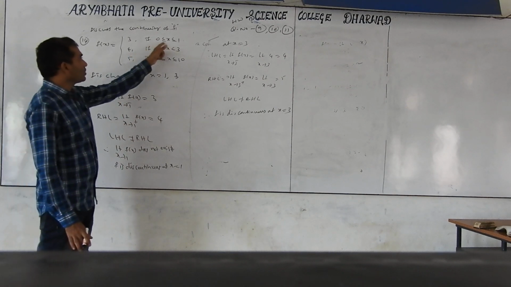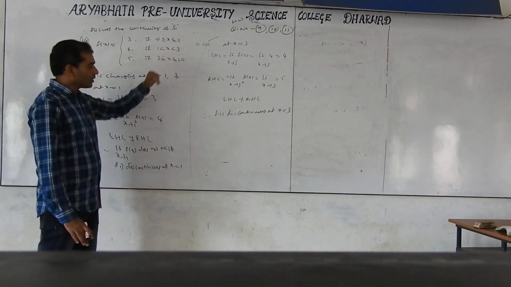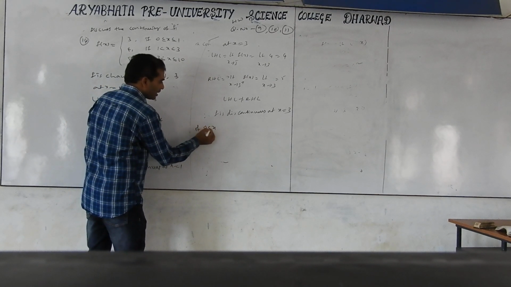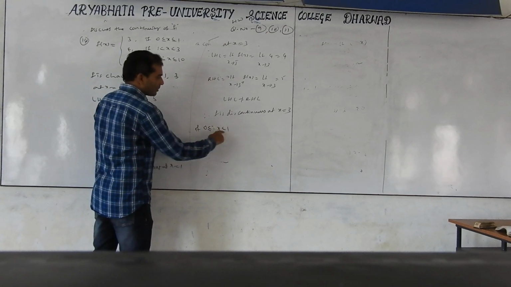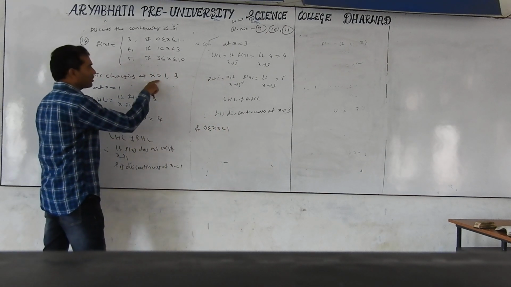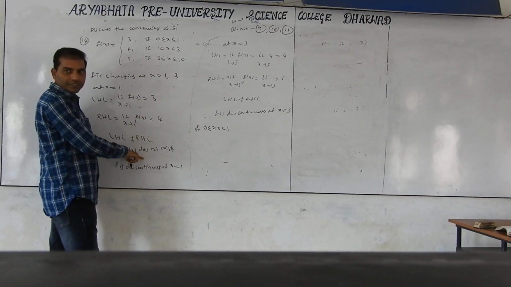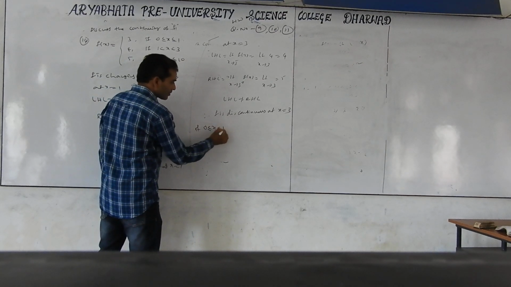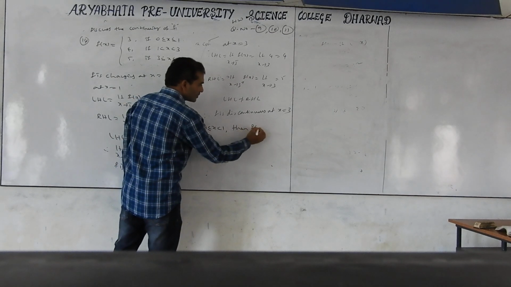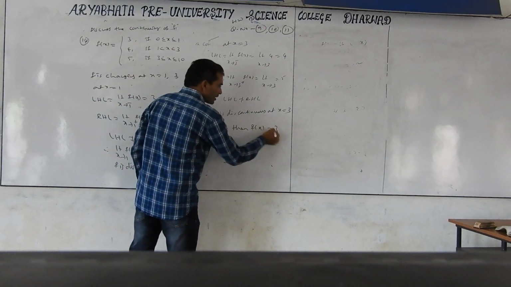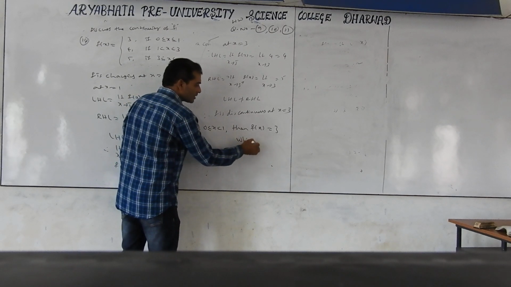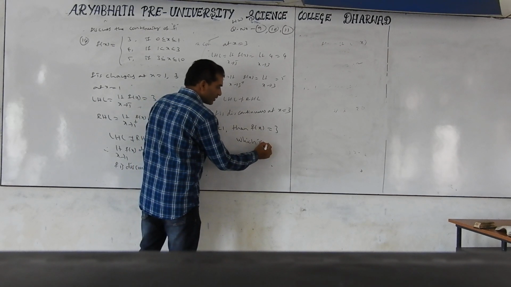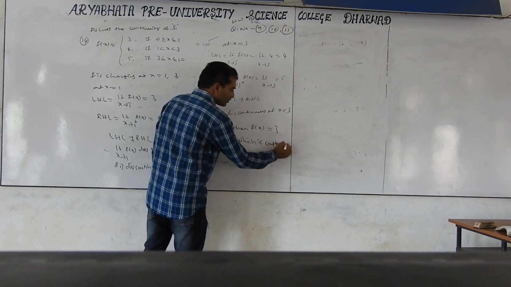Now we discuss 0 to 1. If x lies between 0 less than or equal to x less than 1, because we don't take x equal to 1. At x equal to 1 we already checked that f is discontinuous. If 0 less than x less than 1, then f of x equals 3, which is a constant polynomial.